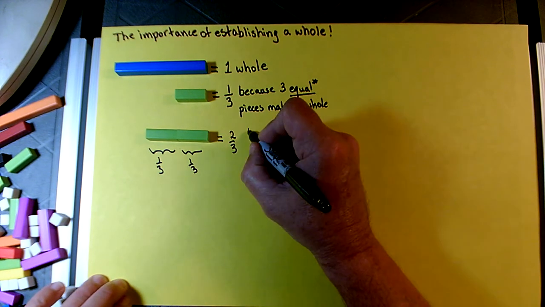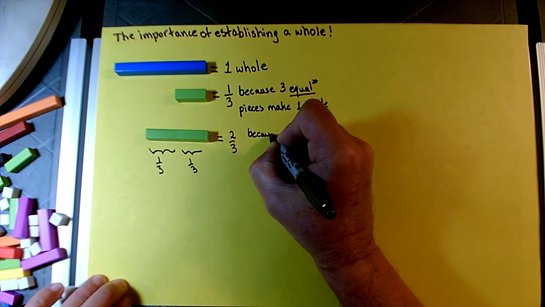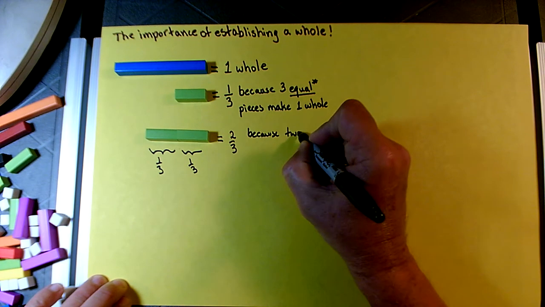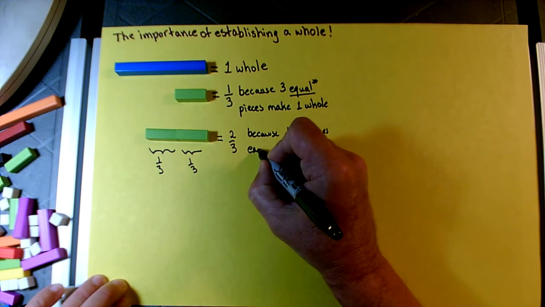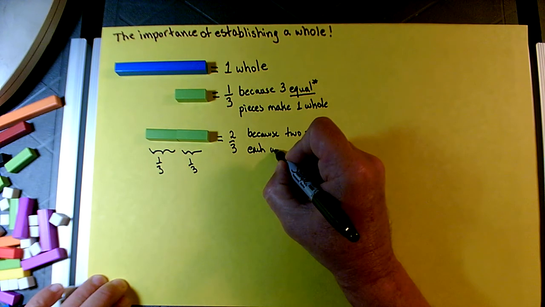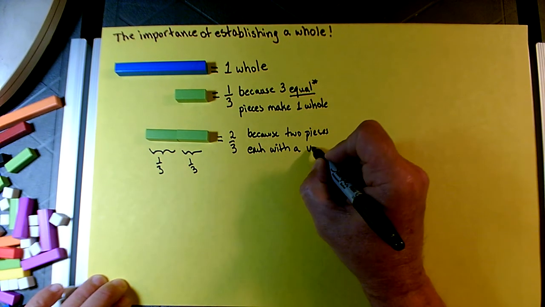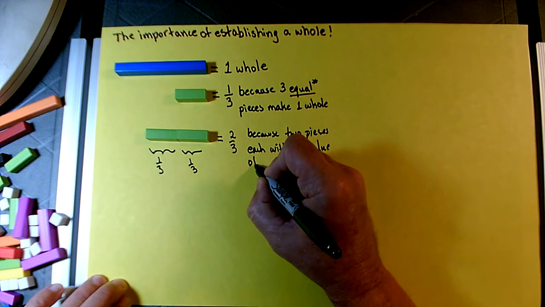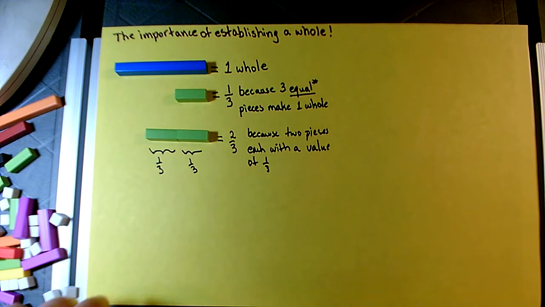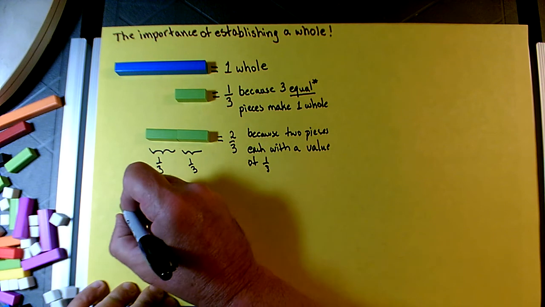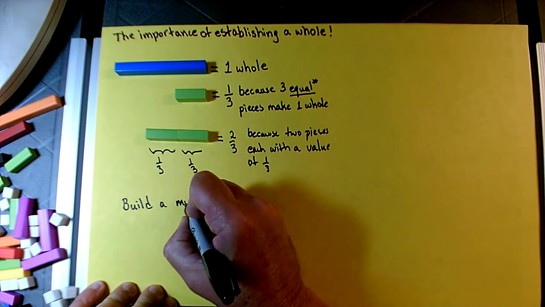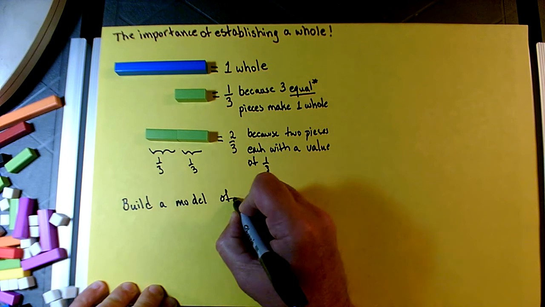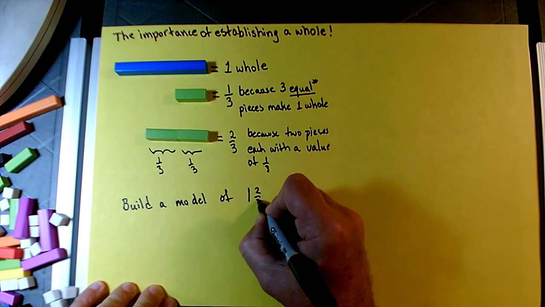And that makes 2/3 because 2 pieces, each with a value of 1/3. That's why that's called 2/3. Now, you might also have other activities where you ask students to build a model of, say, 1 2/3.